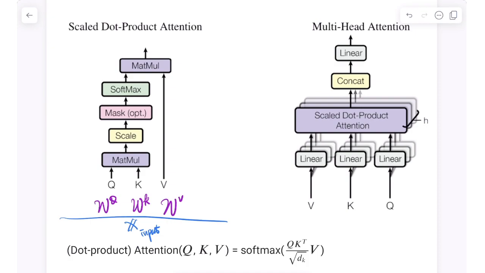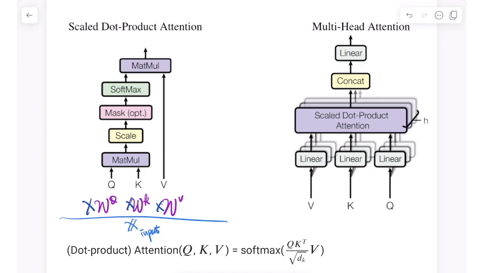We multiply the input with these three different matrices. From the perspective of latent space, originally we have one single latent space, which is X, the original token space, right?